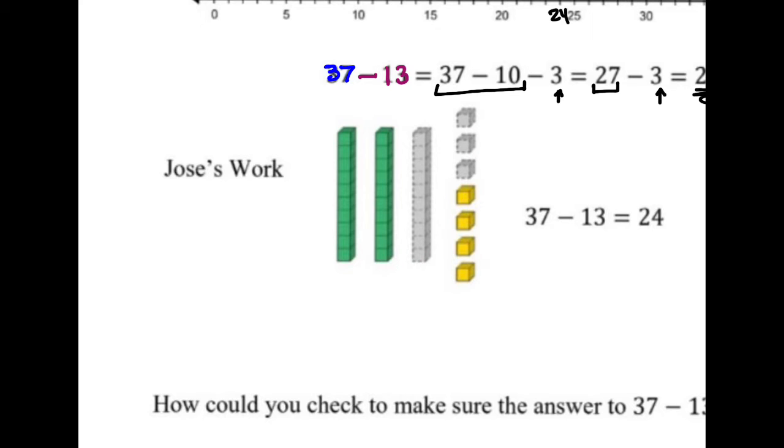And there's your 3 ones that correlate to that 3. So 10 and 3, there's your 13 that got taken away. What do you have left in color then? 2 rods, which is 20, and 4 units, which is 4. So 24. That one worked out pretty well.